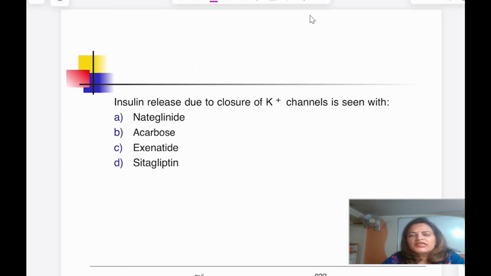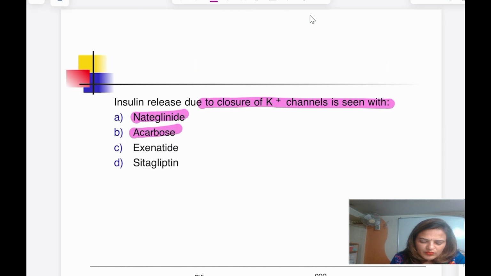Now see how various types of questions can be asked on the insulin secretagogues. Insulin release due to closure of potassium channel is seen with, that means you must know the names of all: nateglinide, that is a Miglitinide, definitely it is going to act; acarbose; exenatide; and sitagliptin. What is the right choice?